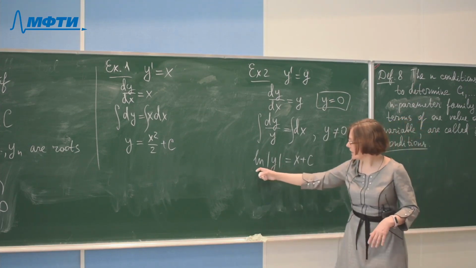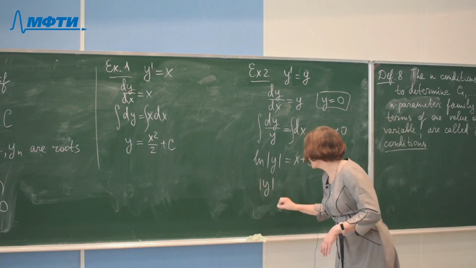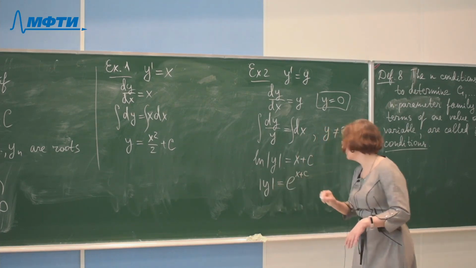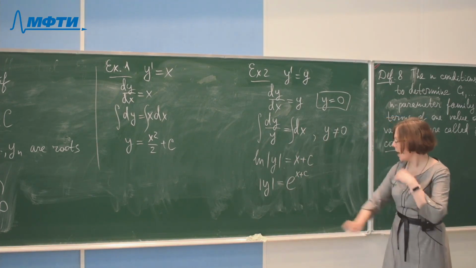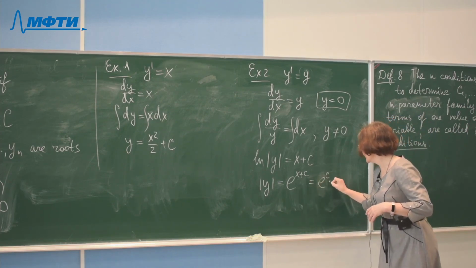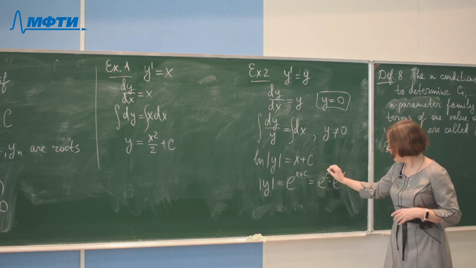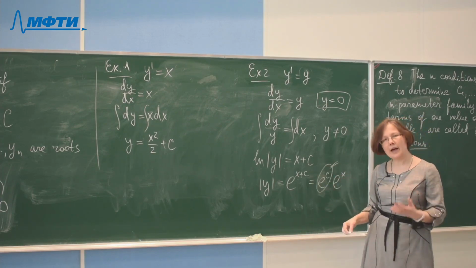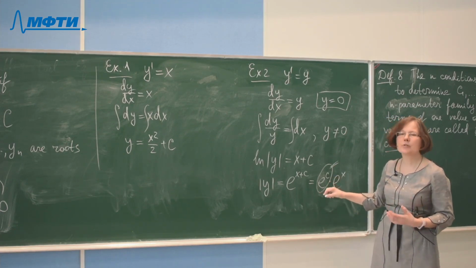If the logarithm of y is equal to x plus c, then this means that the absolute value of y is equal to e to the power x plus c. But this can be represented as e to the power c times e to x. Since c is an arbitrary value, e raised to the power c is an arbitrary positive value.